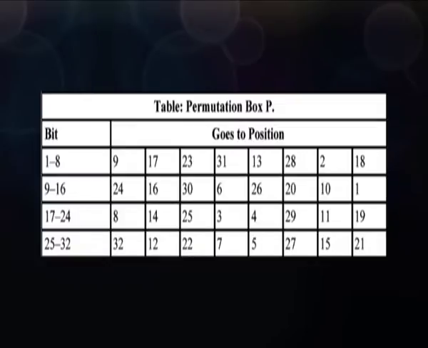For example, bits 1 to 8 of the output of the substitution move to the 9th, 17th, 23rd, 31st, 13th, 28th, 2nd and 18th positions. Similarly, bits 25 to 32 move to the 32nd, 12th, 22nd, 7th, 5th, 27th, 15th and 21st positions.